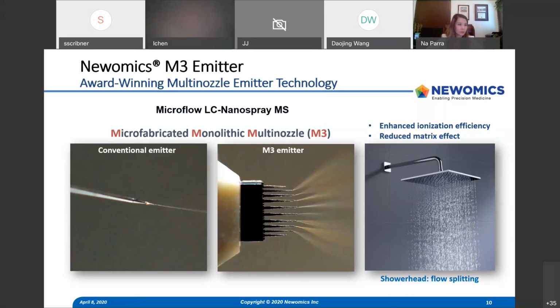That's why our customer from Regeneron mentioned that we have high robustness. So I hope this answers your question. It really depends on the molecules, the solvents, and how much protein you inject into your column, but it is very robust. That's one of the main advantages of our emitters. I hope this answers those two questions.